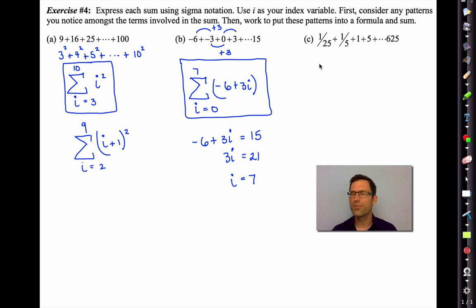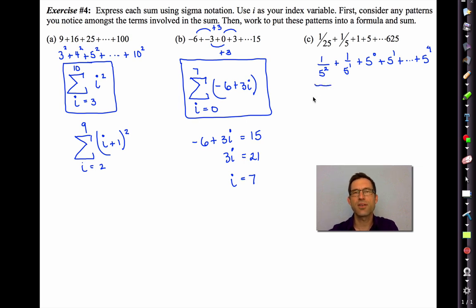Did you figure it out? These are all powers of 5, right? That's 1 over 5 squared, 1 over 5 to the first, 5 to the 0, 5 to the first. 625 happens to be 5 to the fourth, right? Yeah, that's 5 to the fourth.